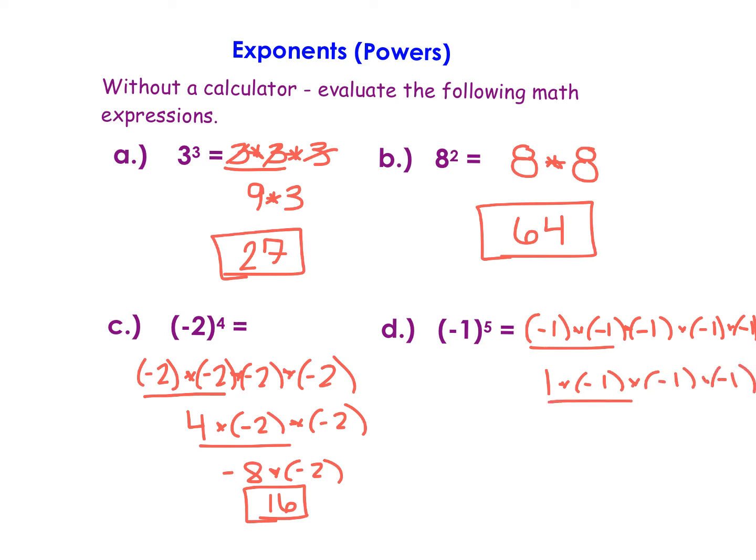So 1 times -1 is -1. -1 times -1 is back to a +1. And then that final multiplication of 1 times -1 is -1. So you can see just writing it out and going from left to right can really help and prevent you from making any sort of error.